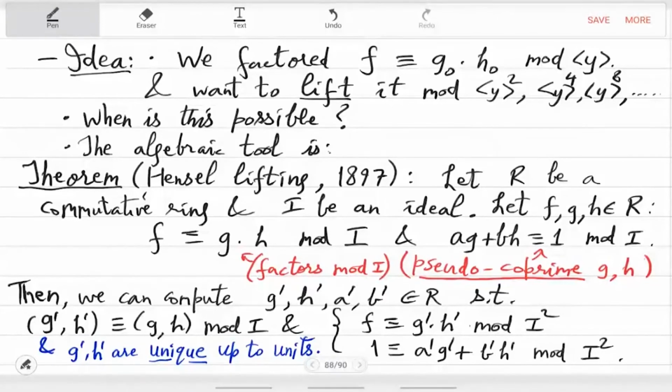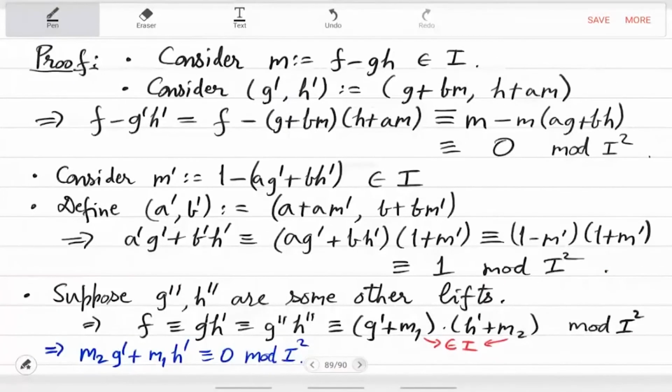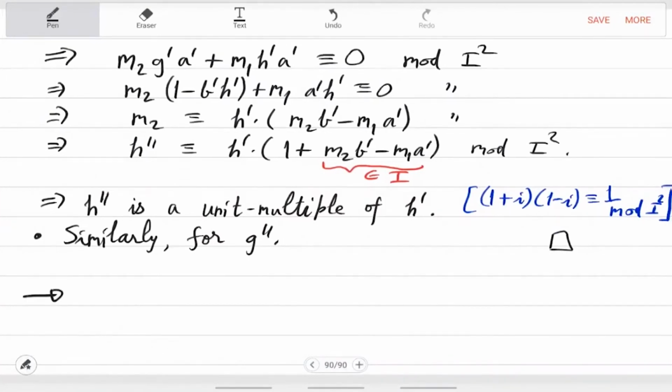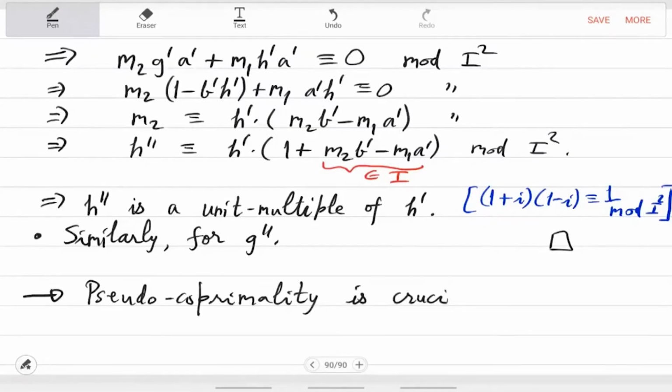That is the only issue left. So actually that condition is required, otherwise the lift may not exist. Let's see that. It is crucial for lifting.